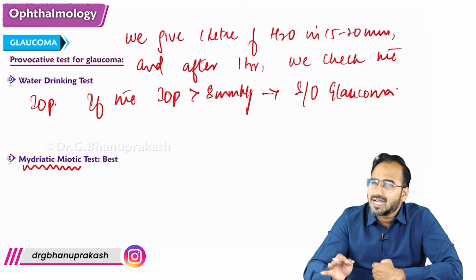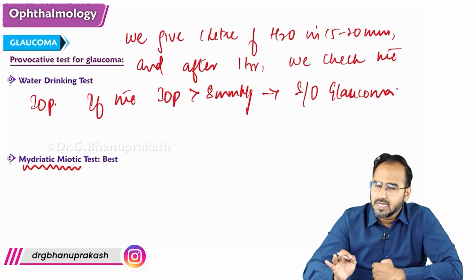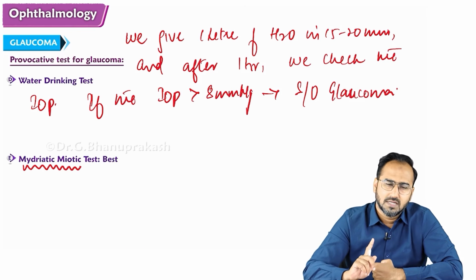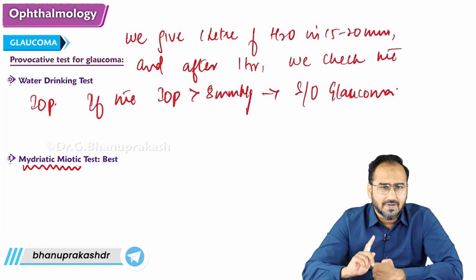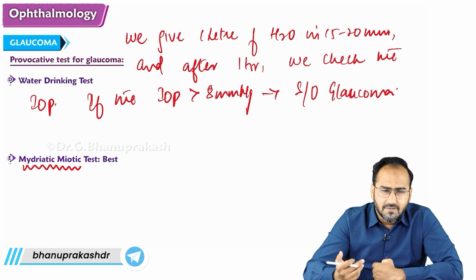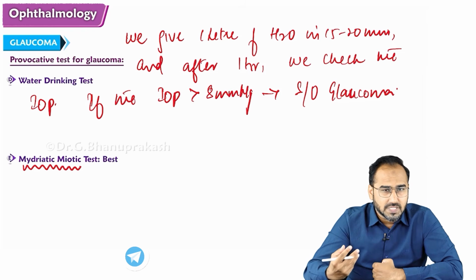Who is the person at risk of developing angle closure glaucoma? An elderly female. Never do a mydriatic meiotic test. Never dilate the pupil of an elderly female. If you dilate the pupil, what will happen? The pupil gets dilated, there is no problem. But when she is back home, the pupil which was dilated might come back to its normal position.